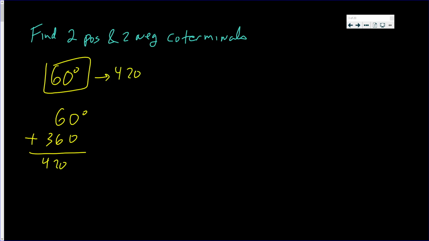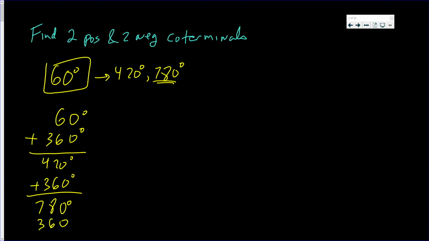That's one positive answer. I can add another 360, and that gives me 780. That's another positive one. If I chose, I could add another 360 and get 1140.